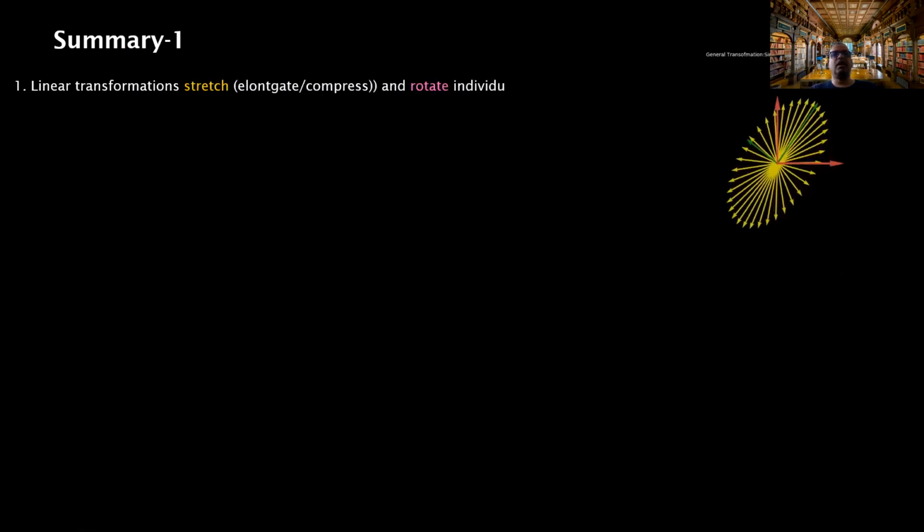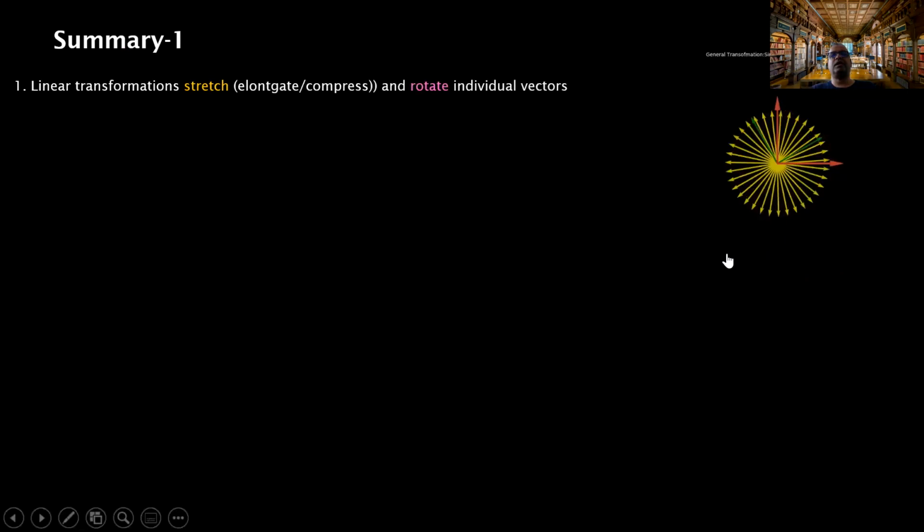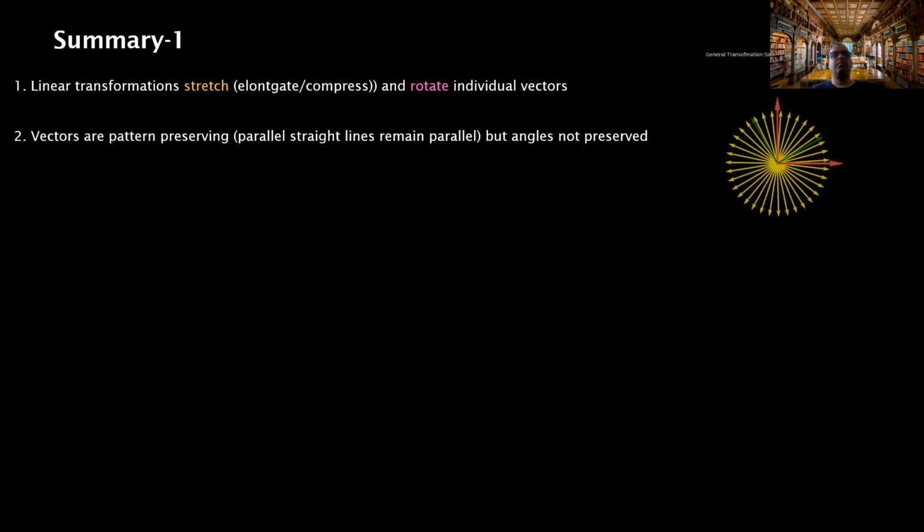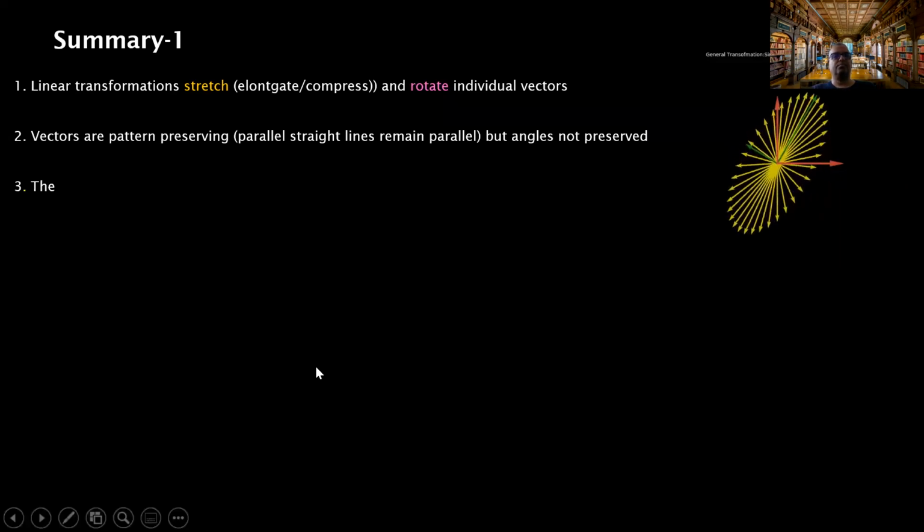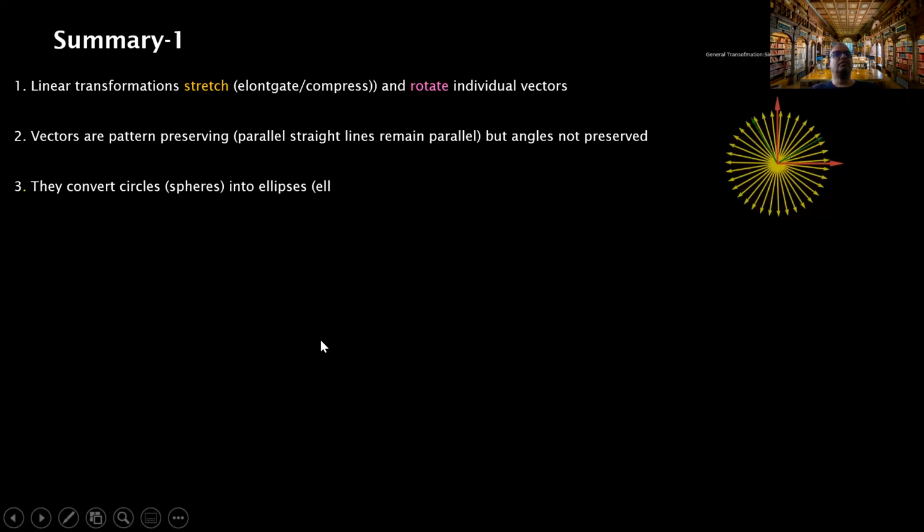So, summary. Linear transformations stretch, elongate, compress, and rotate individual vectors. You can see that here. There you go. That's what a linear transformation does. Vectors are pattern preserving, but angles are not preserved. They convert circles or spheres into ellipses and ellipsoids.